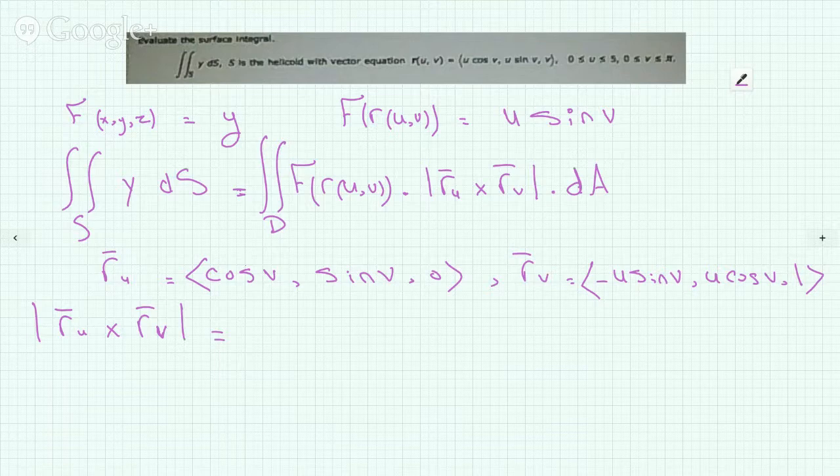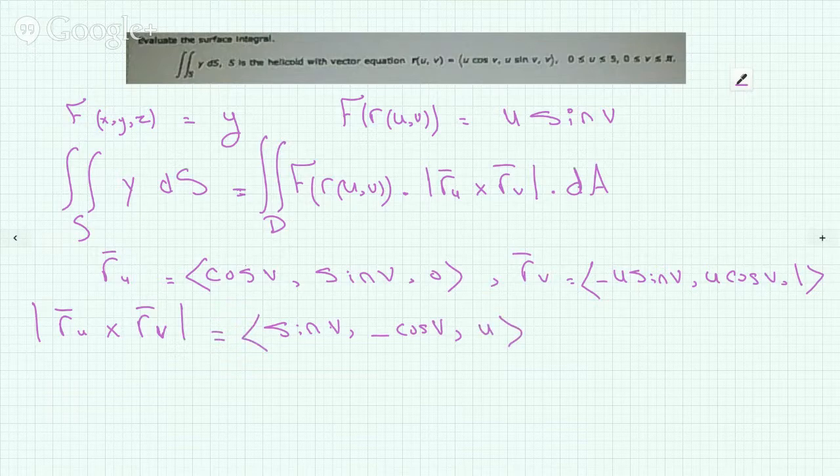The answer to the cross product turned out to be sine v, minus cosine v, and u.